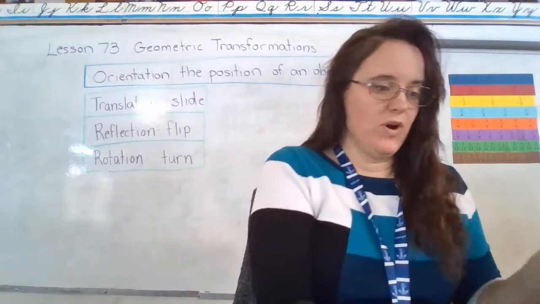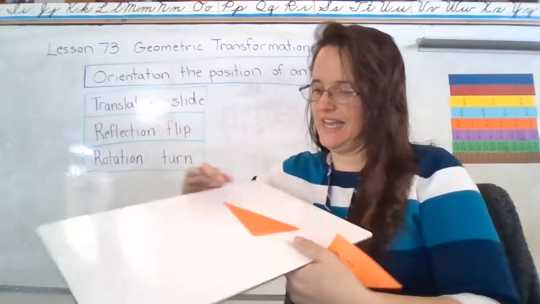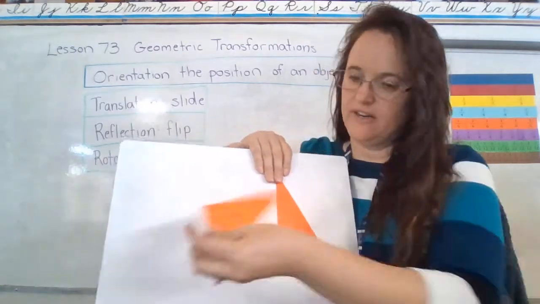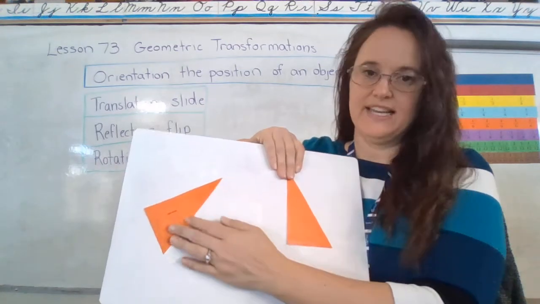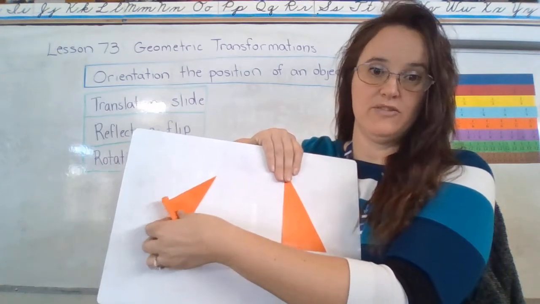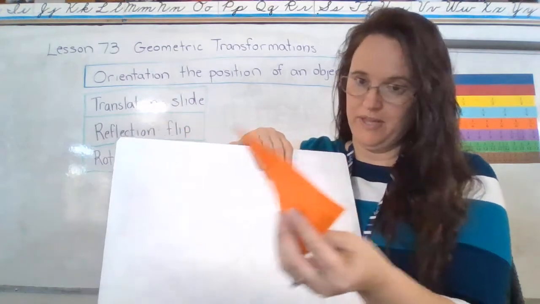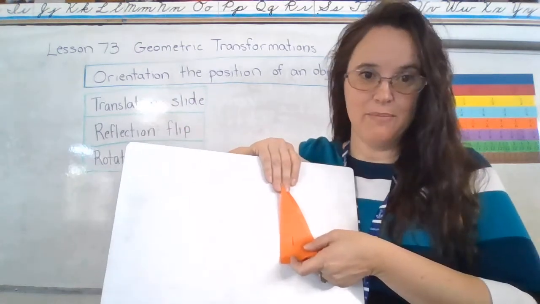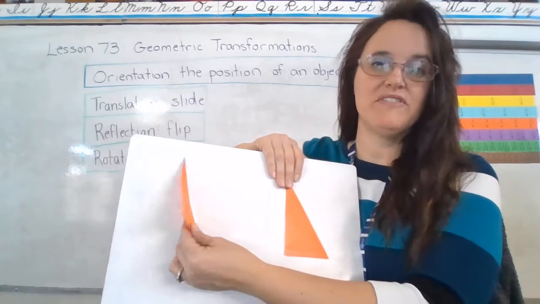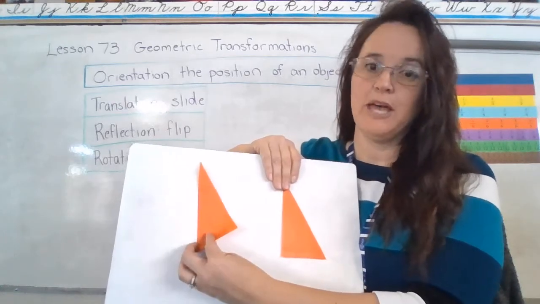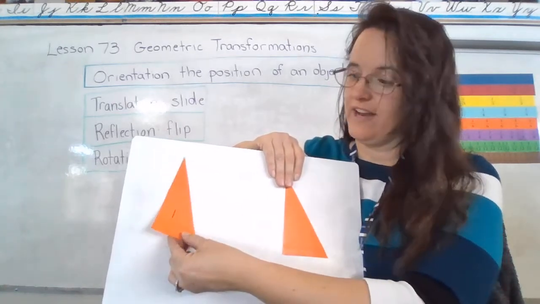Here's what I don't want you to do. So let's say triangle 2 is here, triangle 1, let's say it's right there. What I don't want you to do is pick it up and set it on top. I want you to figure out, do I need to reflect? If you're reflecting, then yes, you are going to pick it up, but you would reflect it right across that line.